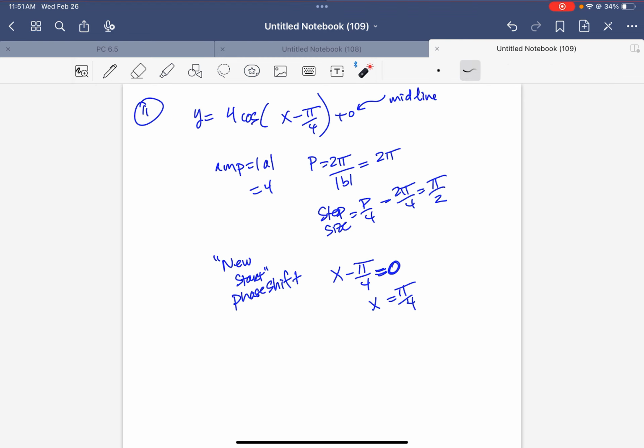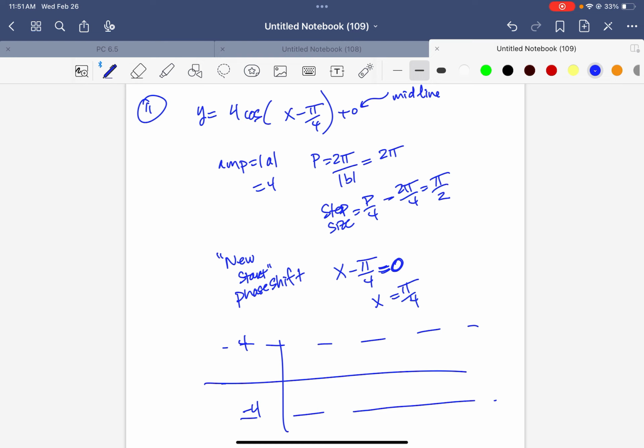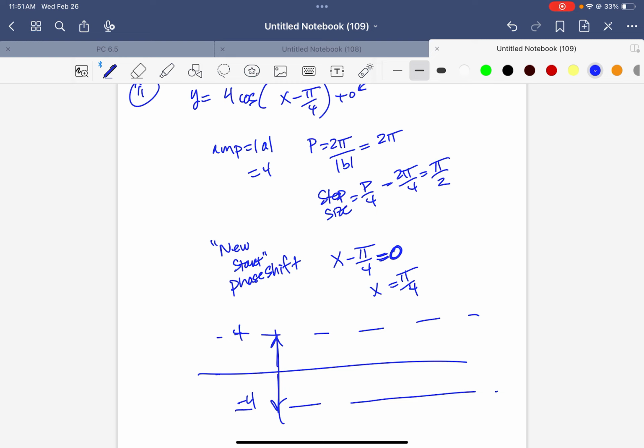So just like before when we had x minus something, this is a shift to the right, which it is, pi over 4. So I'm ready to draw my picture. I know that my midline is at 0, so it's still chilling out here. Then I have a peak and a valley. It's going to go up to 4 and negative 4 because that's the distance from my midline to a peak, midline to a valley. But cosine starts at 1, or a peak, midline, then goes to a valley, midline, then peak. So it's going to do one of these things like that, right?